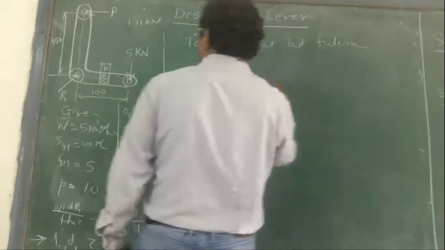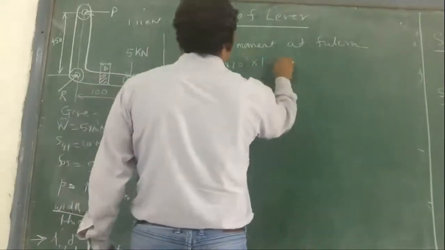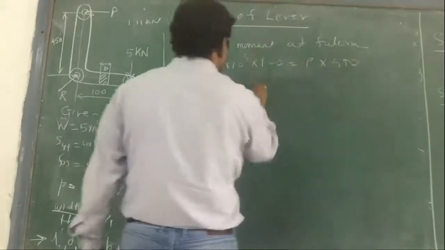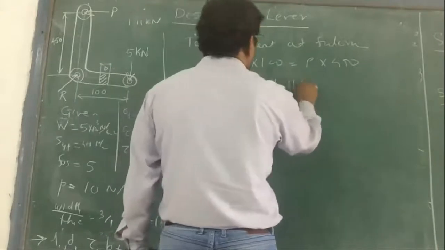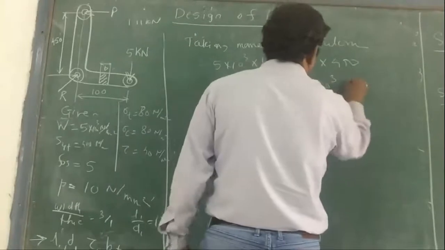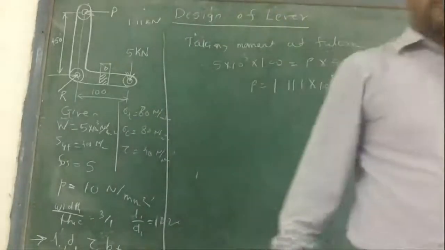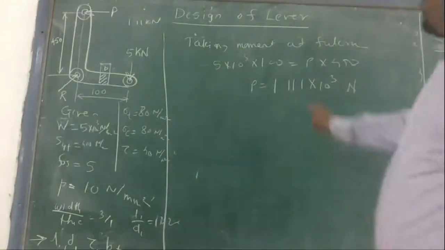What we got: 5 into 10 raised to 3 into 100 is equal to P into 450. So we got P as 1.111 into 10 raised to 3 Newton. So this is the effort we require, 1.111 kilonewton or 1111 Newton, right?